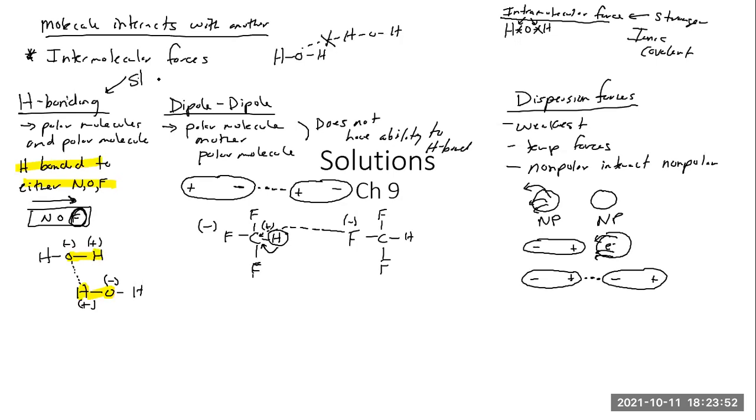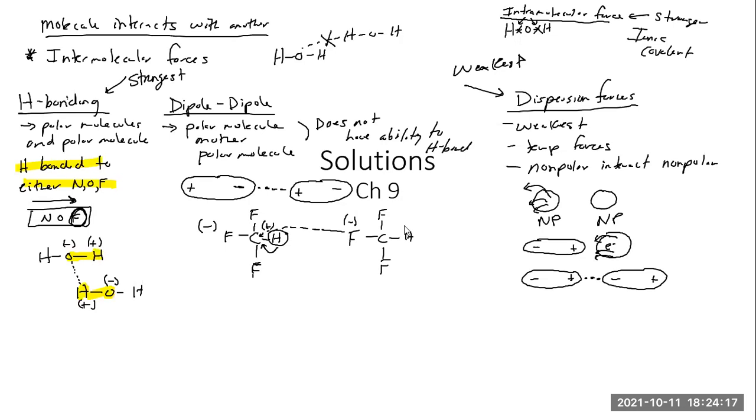The weakest out of all of them is dispersion forces. So strongest hydrogen bonding, weakest dispersion forces. And again, these are the interactions that really do interact with solubility and why certain things mix really well and certain things don't mix really well.